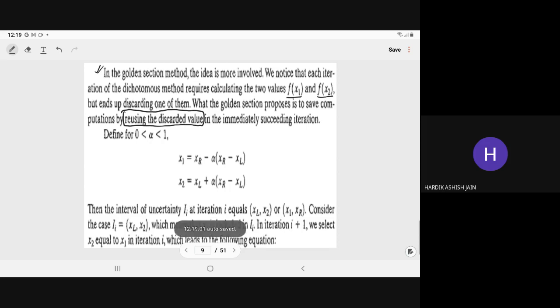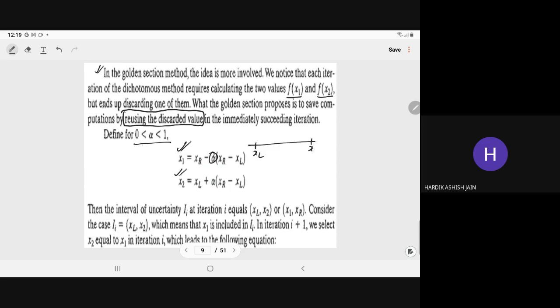Let us suppose we do not know the value of alpha. We just assume that alpha lies between 0 and 1. The intermediate points are x1 equal to xr minus alpha times (xr minus xl), and x2 equal to xl plus alpha times (xr minus xl).